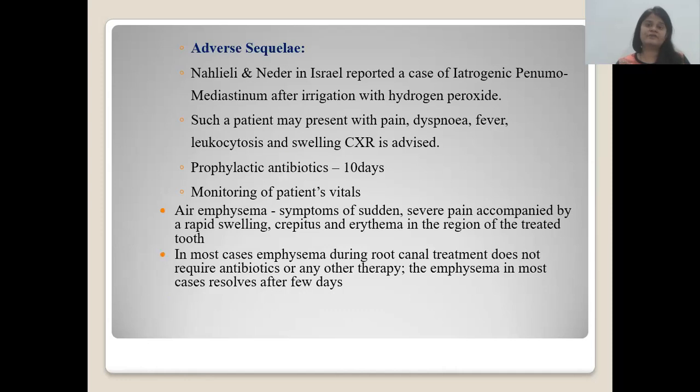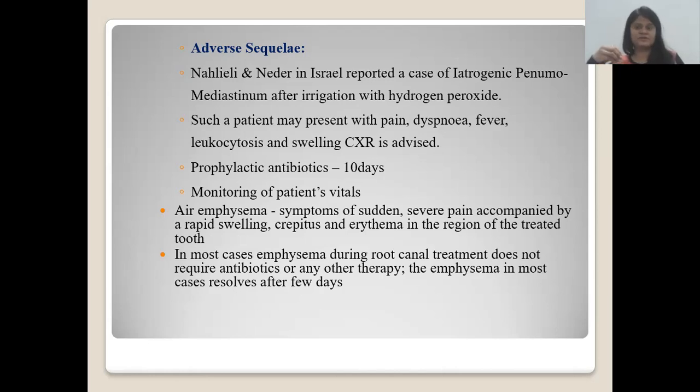Now, adverse sequelae of hydrogen peroxide. Nehali and Neda in Israel reported a case of pneumomediastinum after irrigation with hydrogen peroxide. Such a patient may present with pain, dyspnea, fever, leukocytosis, and swelling.